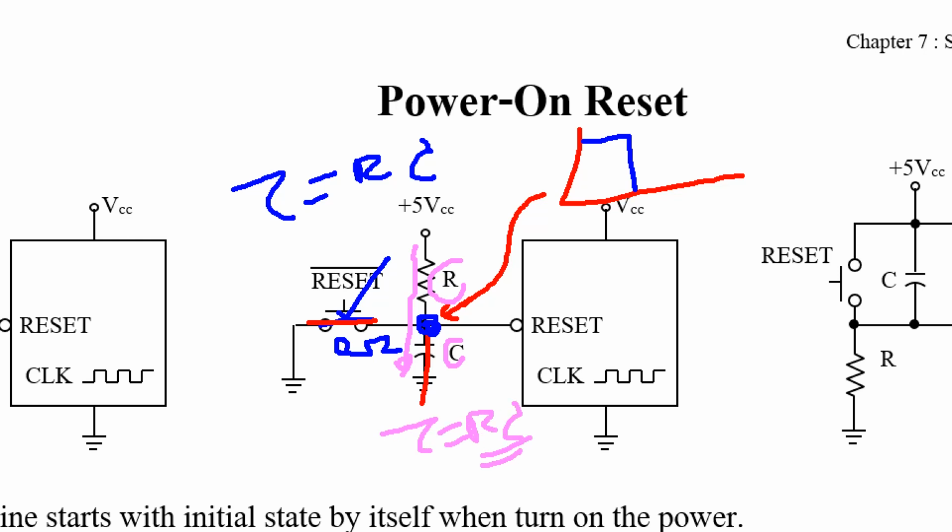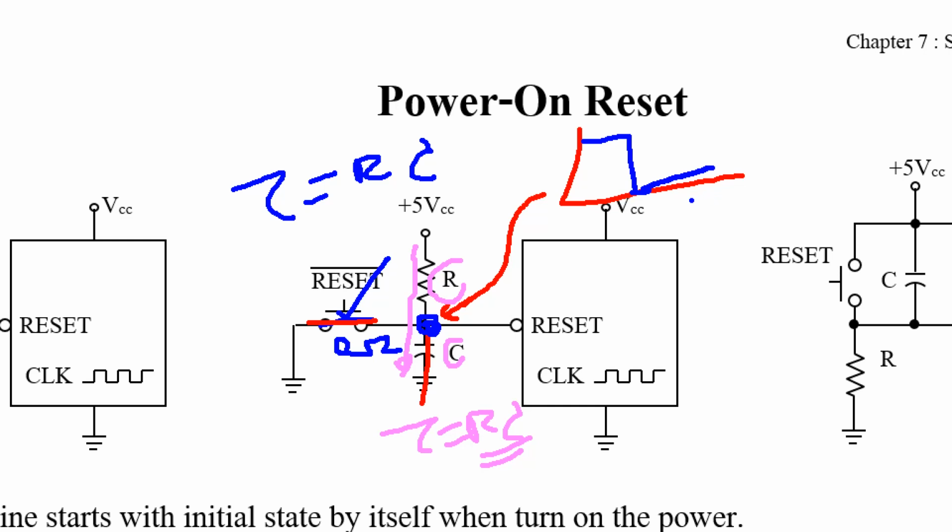If this RC product is large enough, the voltage at this point cannot become high suddenly, but increases slowly.